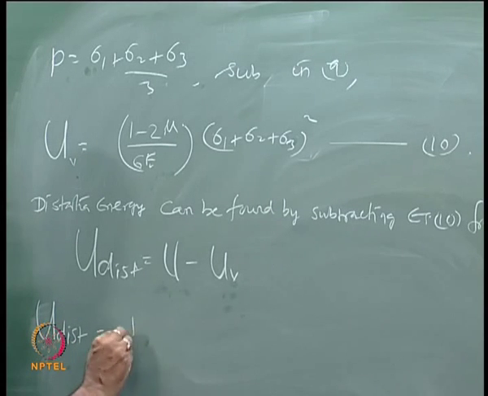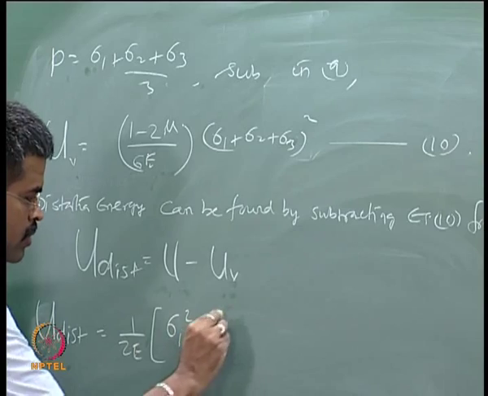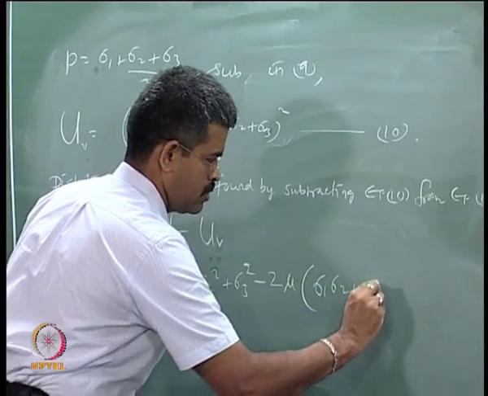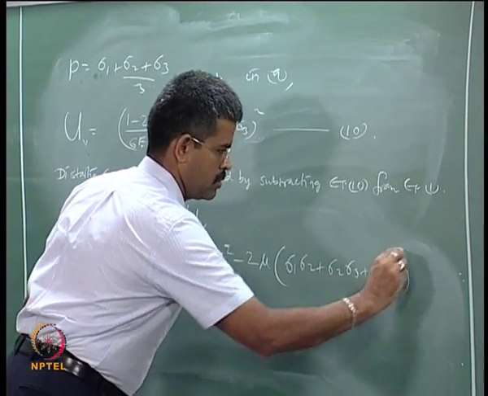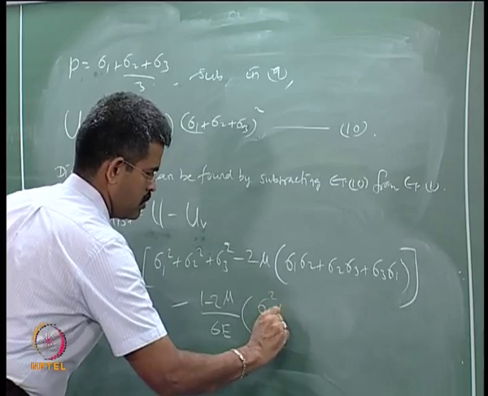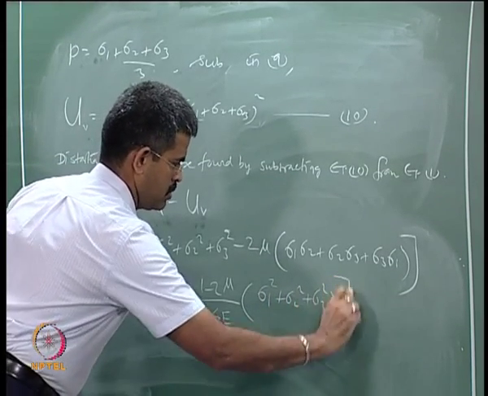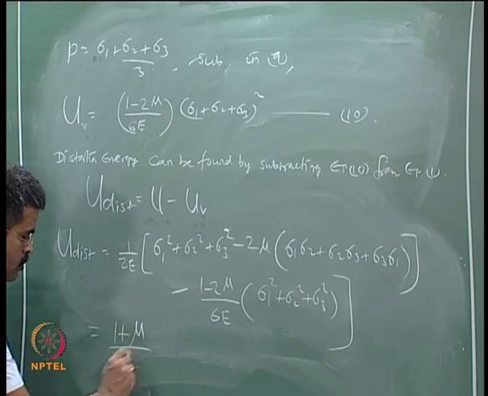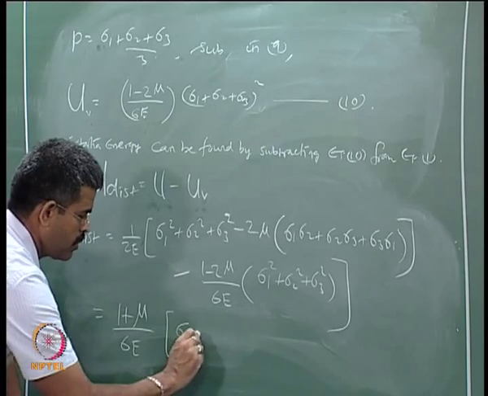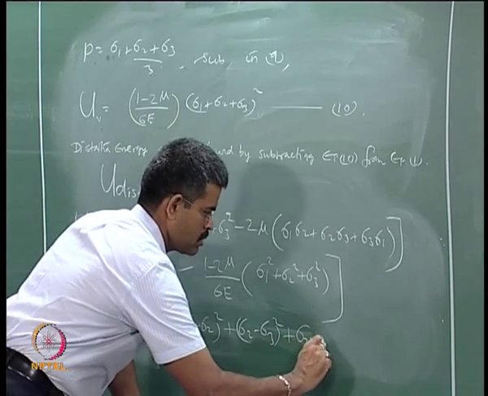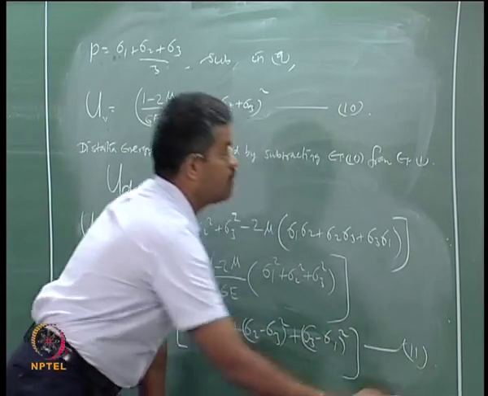So it is going to be 1 by 2E of sigma 1 square, sigma 2 square, sigma 3 square, minus 2 mu of, minus 1 minus 2 mu by 6E of, so after simplifying, 1 plus mu by 6E of sigma 1 minus sigma 2 the whole square, sigma 2 minus sigma 3 the whole square, sigma 3 minus sigma 1 the whole square, equation 11.